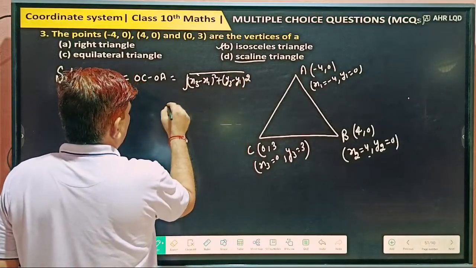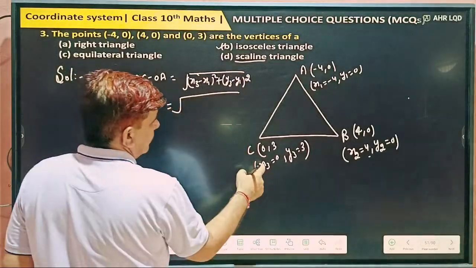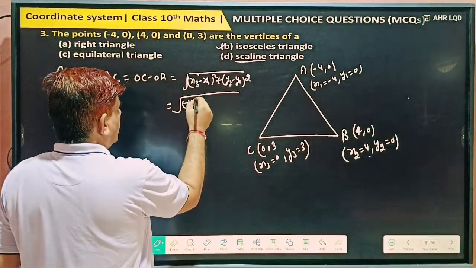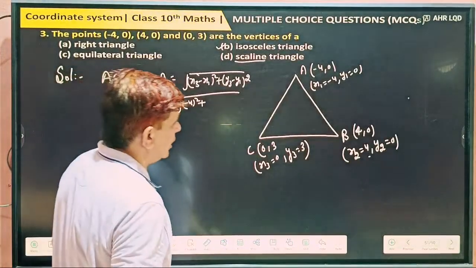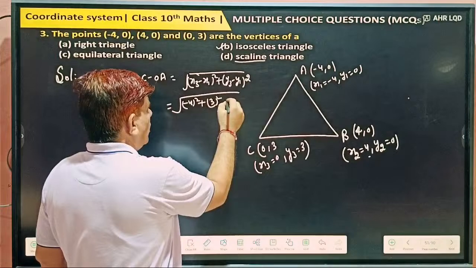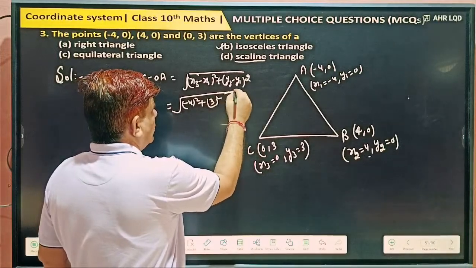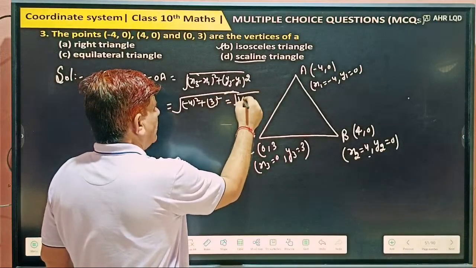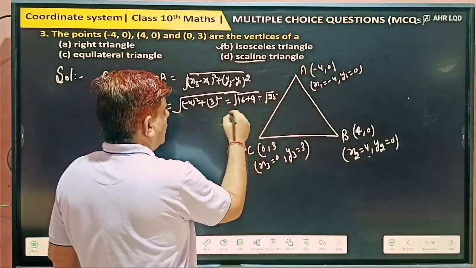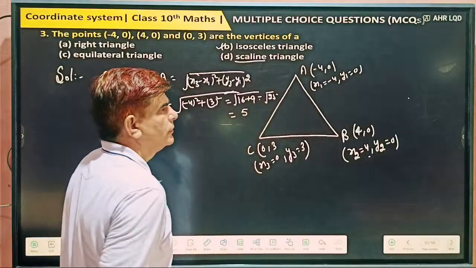According to you, x3 is 0 minus 4, so minus 4 square plus y3, 3 minus 0, 3 square. If you can solve it, this becomes 16 plus 9, how much? Under root 25, which is equal to 5.